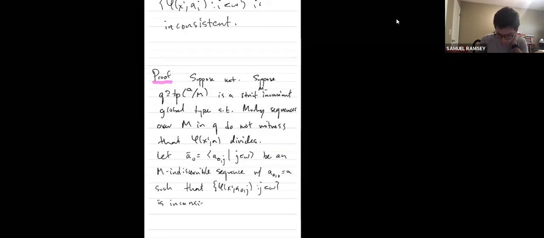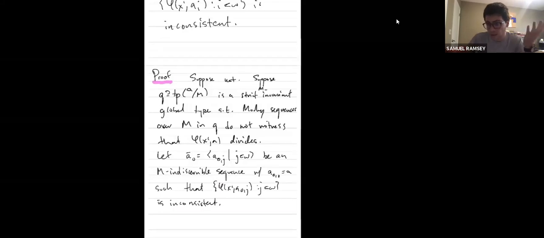Why can we do this? I mean, why do we know that there is such a thing? This is from our assumption that phi(x, a) divides, right? So we know that we have a formula that divides, so that's going to be witnessed by some sequence, which we're going to call a bar 0. But we also were given the information that the formula is going to be consistent along Morley sequences in Q.